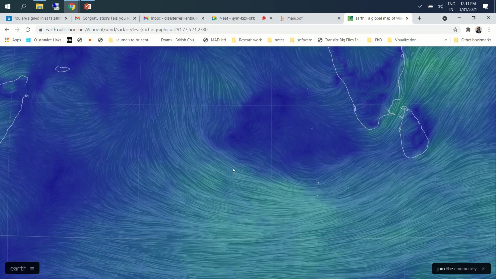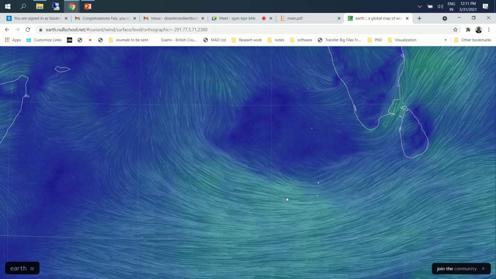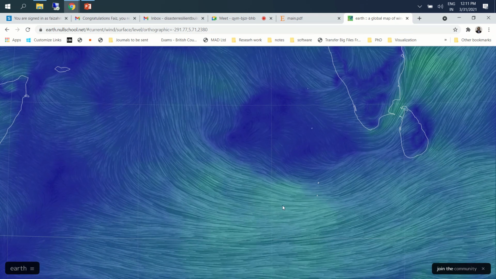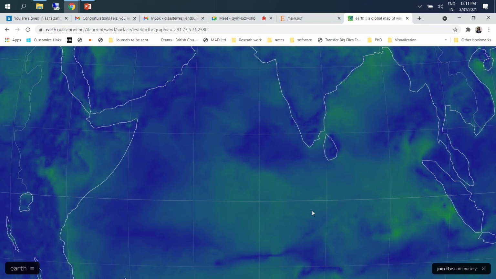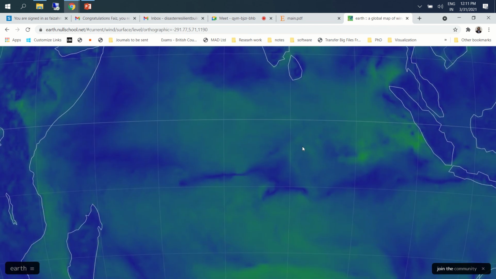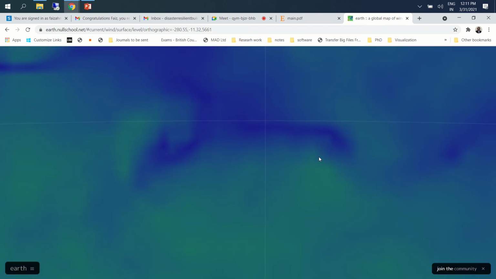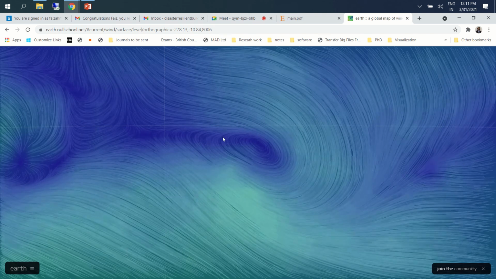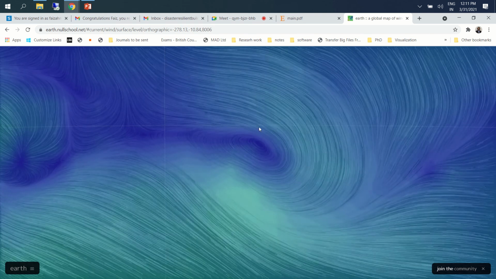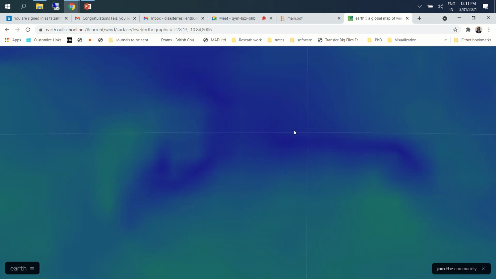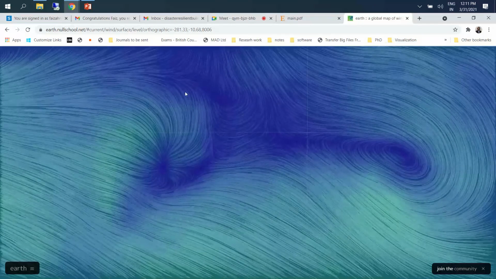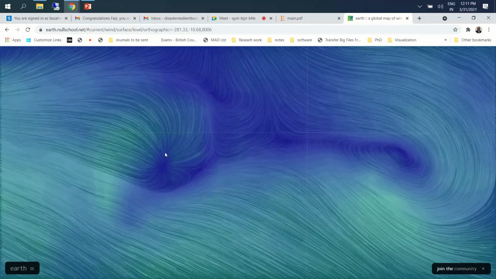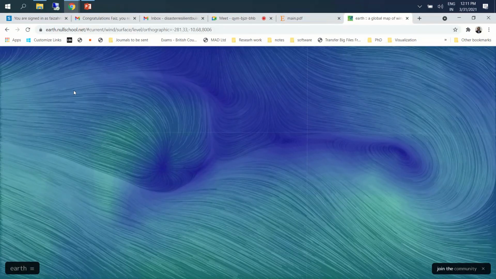These are not closed isobar lines, these are open-ended isobar lines. What can be a closed isobar? This can be taken as one example of closed isobar lines, whereas these ones are not closed, this is open-ended.